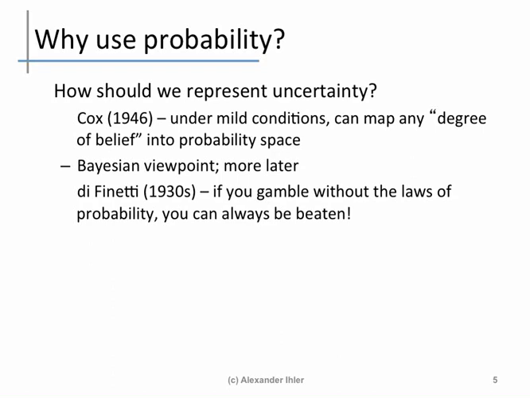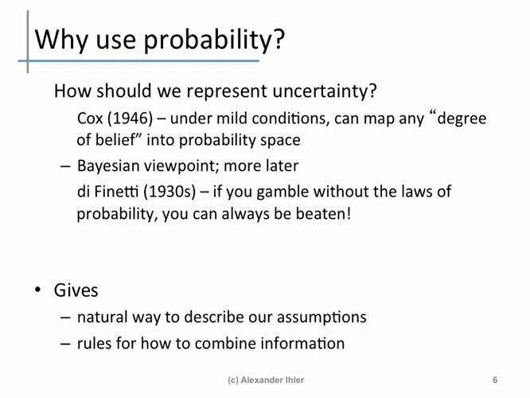Moreover, another classic result from De Finetti tells us that if we try to make bets with probabilities that do not follow the laws of probability, there's always a way to construct bets such that one is always beaten. So in particular, probability will give us a natural way to try to describe our assumptions about the system in concrete mathematical terms, and give us rules for how to combine information and make predictions in a concise and clear way.